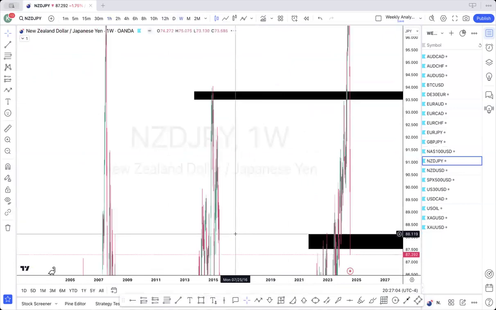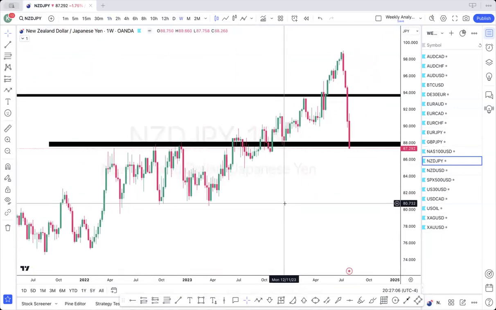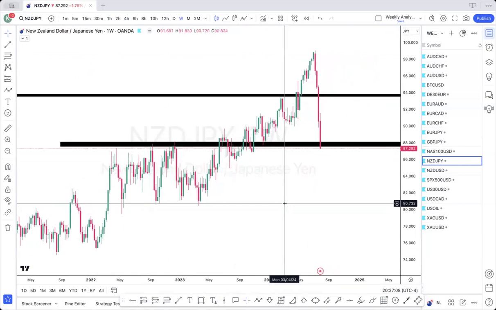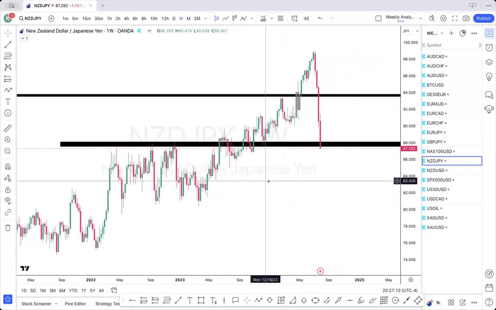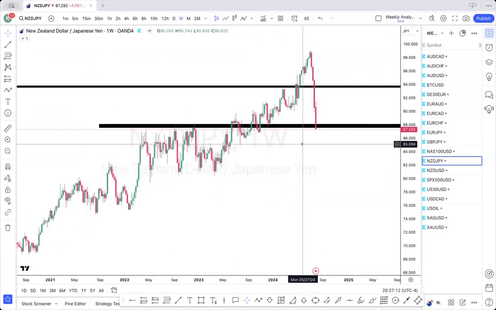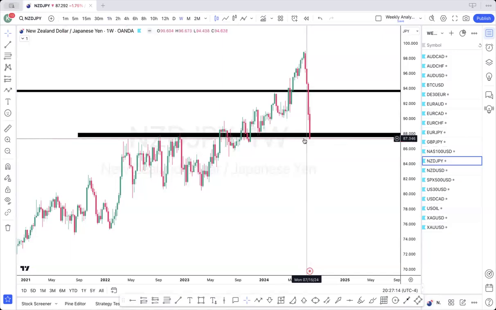NZDJPY, we have our weekly key levels marked up. Price is currently at that zone. We have a weekly order block here. So let's walk it down.